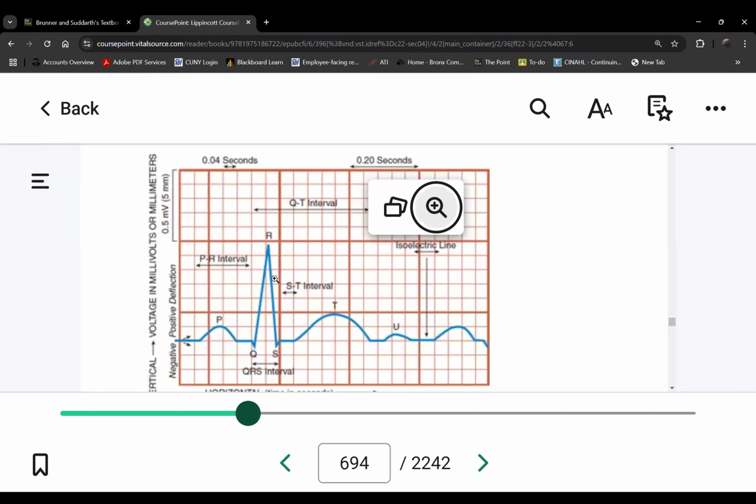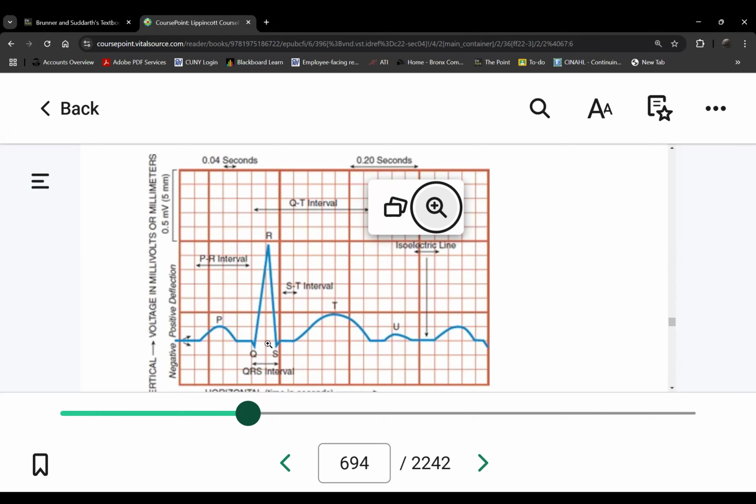So the QRS complex is here. It's at least 1.5 big boxes in height, and its width is less than 2 small boxes, so it's about 0.1 to 0.12 seconds, because it's less than or equal to 2 small boxes.